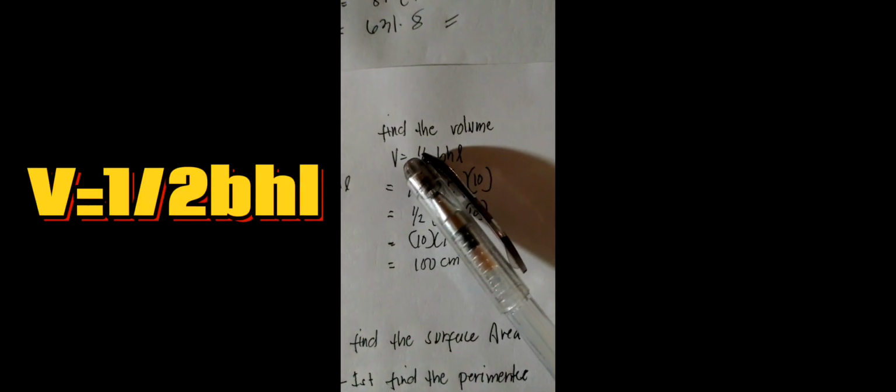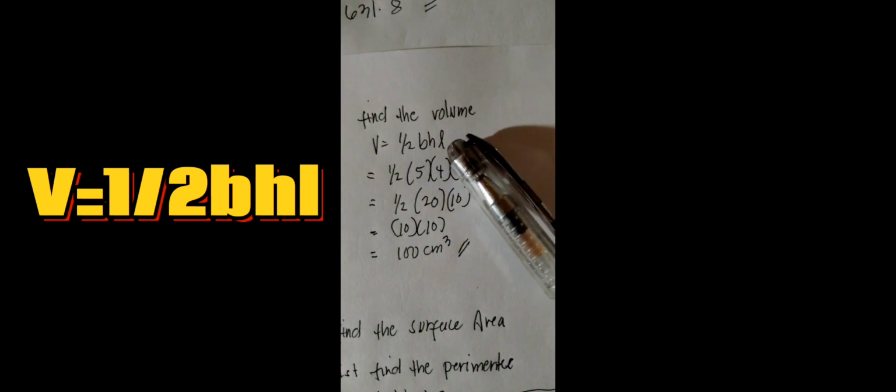Volume is equal to 1 half times base times height times length. And we just have to substitute the value of the base, the height, and length based on this image. The length is equal to 10 cm, the base is equal to 5 cm, and the height is 4 cm.